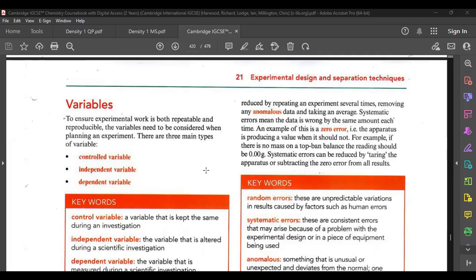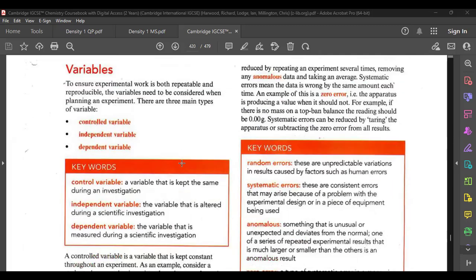The dependent variable is the one that gets its values depending upon those independent variables.